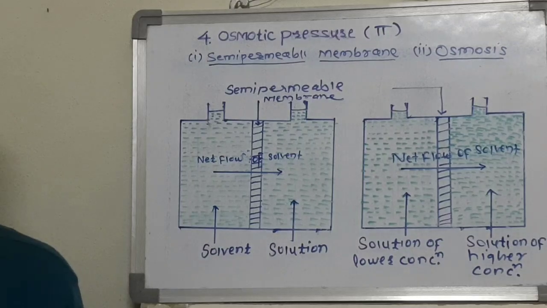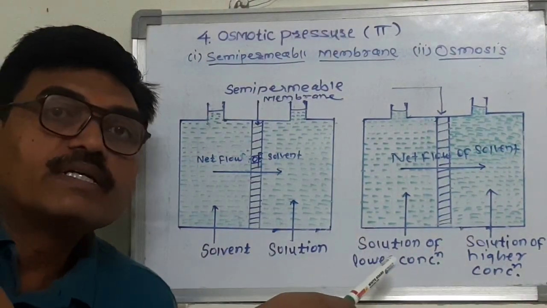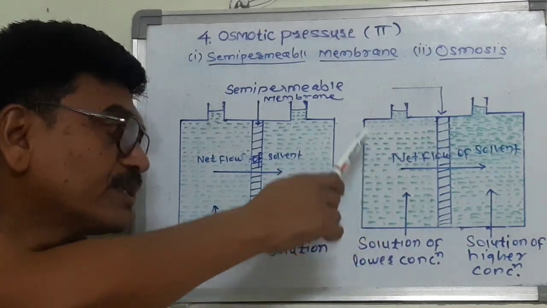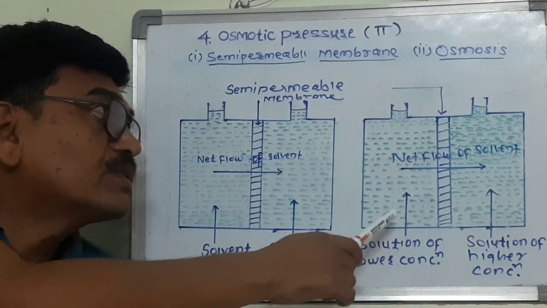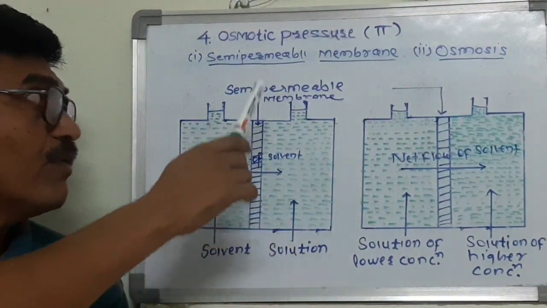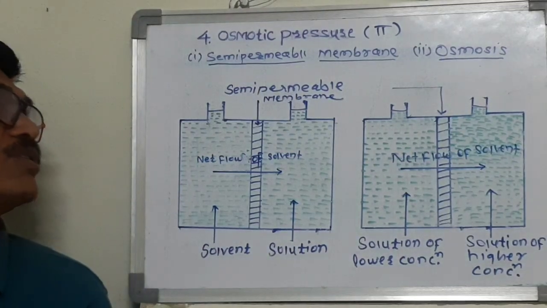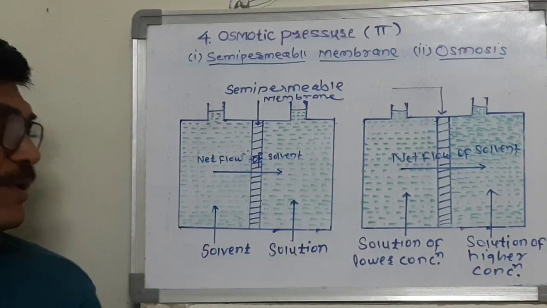That is called osmosis. Actually this is because of the osmotic pressure which is present on this solvent side. We will see in the next video what the osmotic pressure is. Here just try to understand what osmosis and the semi-permeable membrane are.